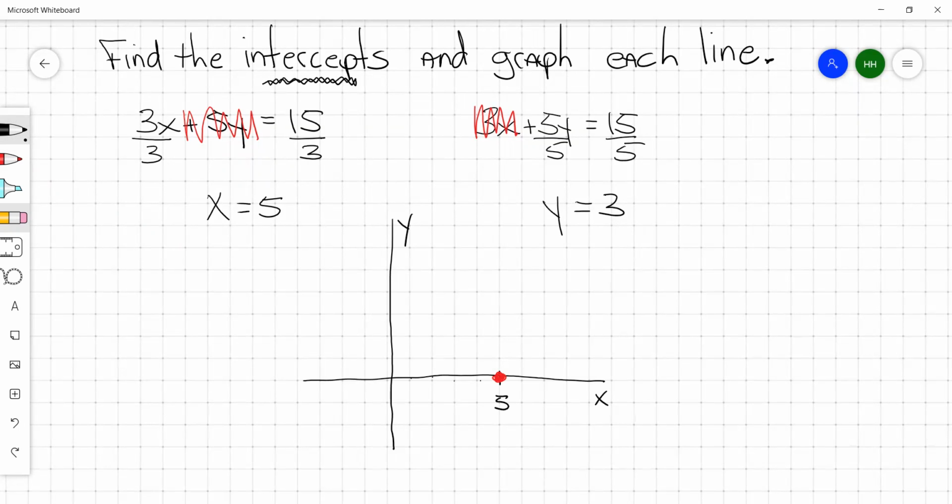And then we go to 3 on the y-axis, and we put a point there. Then you play connect the dots here. You just put a line through the 2 points. So that is the graph of 3x plus 5y equals 15.